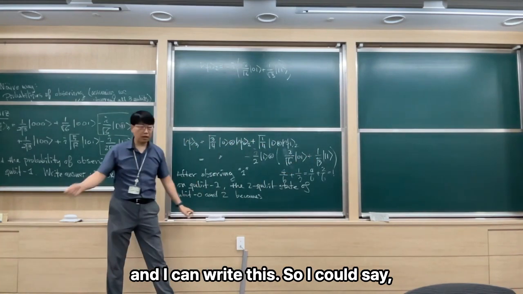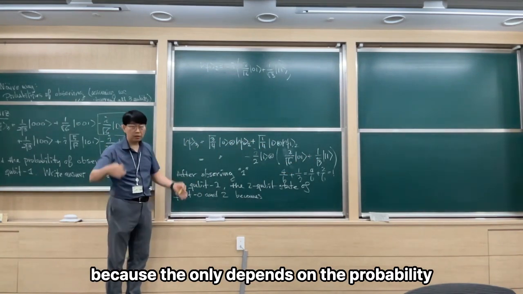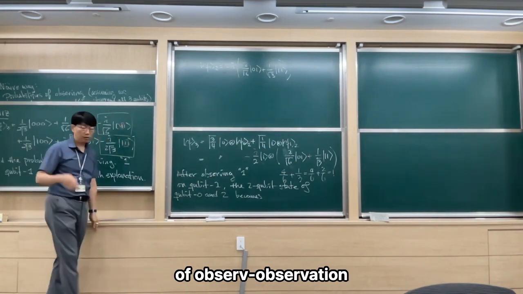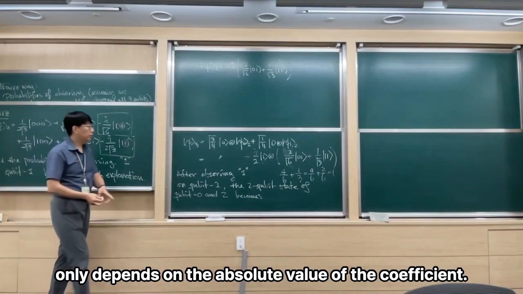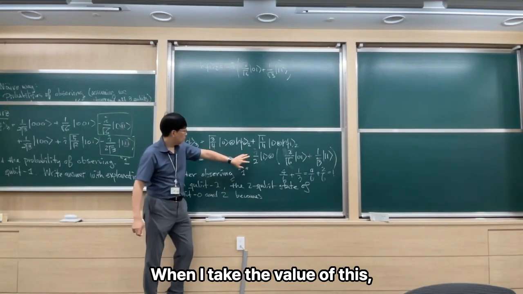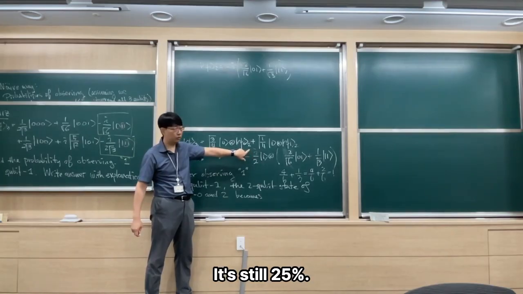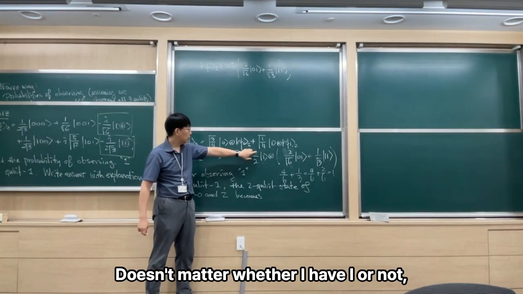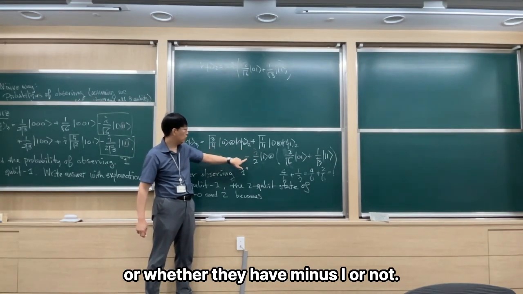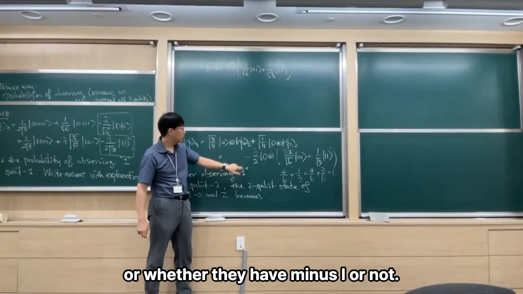Because the probability of the observation only depends on the absolute value of the coefficient, when I take the absolute value of this, it's still 1 over 4. It's still 25%. It doesn't matter whether I have i or not, or whether they have minus i or not.